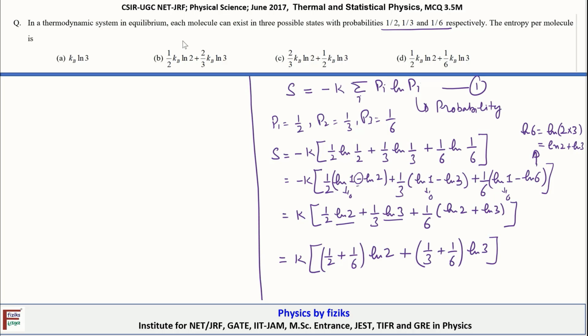After solving this, we obtain that the entropy is equal to K multiplied by (2 by 3 ln 2 plus 1 by 2 ln 3). If you take a look at the options given to us, it is 2 by 3 kB ln 2 plus kB by 2 ln 3. So that means C is the correct one.